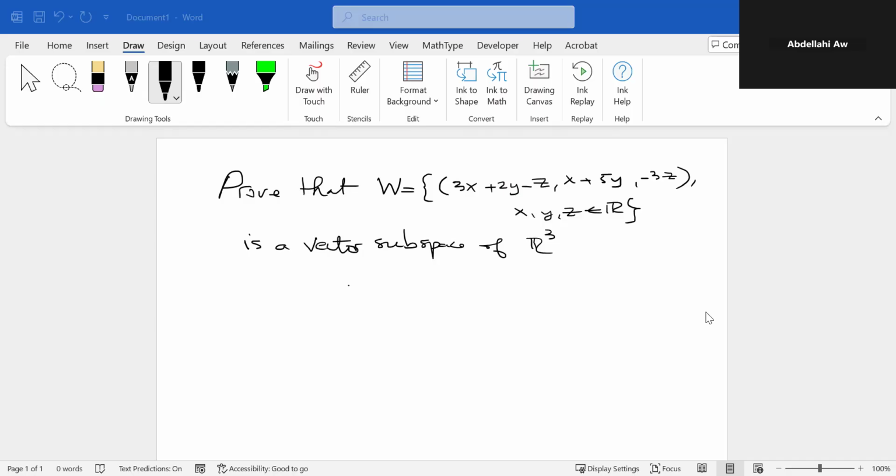Hello, everyone. So I'm coming back today just to show you, in a simple example, how to prove a given set is a vector subspace of a given vector space.